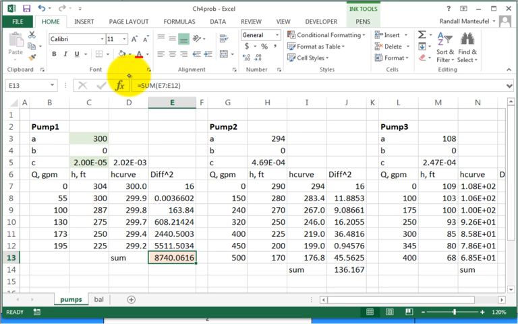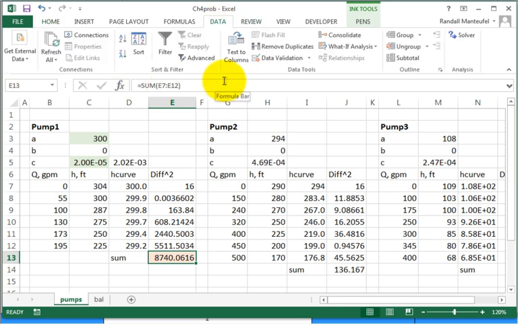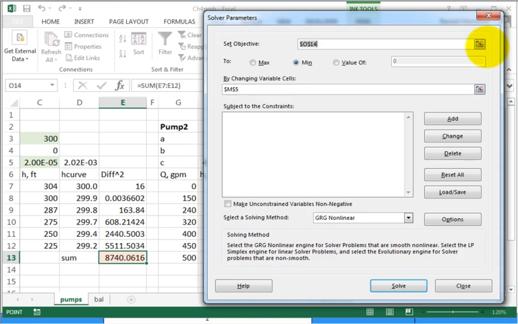And so we go under Data, go under Solver, and we set this up. And so we say, this is my objective. Set this objective to E13. I could try to maximize it. I could try to minimize it. I want to minimize it. And I need to change variables.